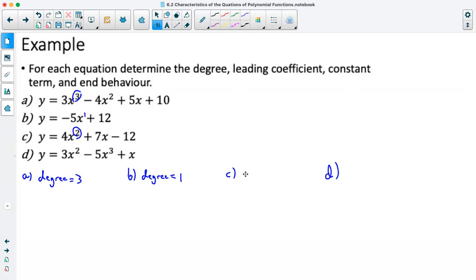Then for C, our degree is 2. And for D, our degree is 3. It doesn't have to be our first term in our function. It just has to be on the largest exponent, so it would be degree 3.